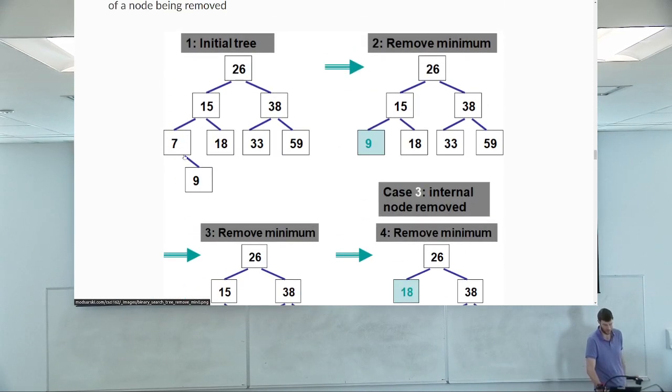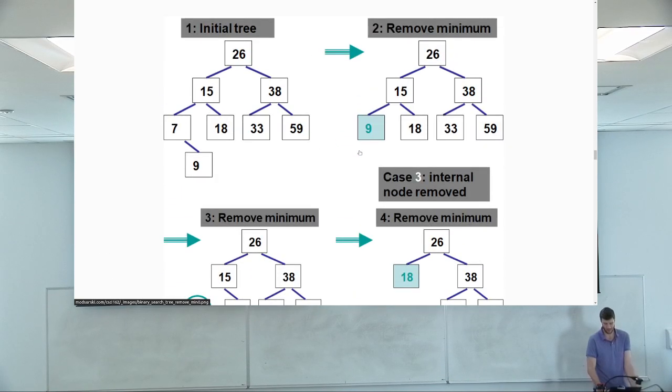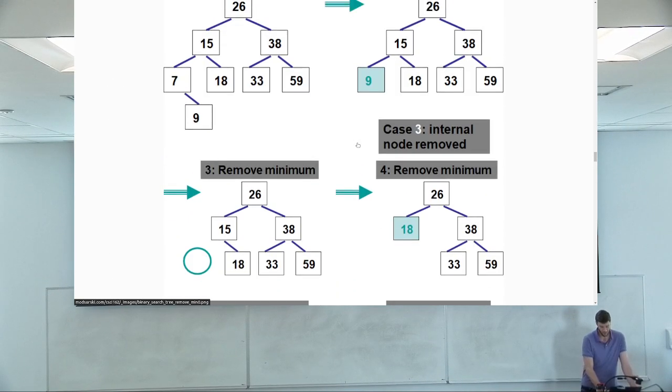If it's an interior node, you remove it and replace it with its right subtree. And then the leaf. Now this might feel a little lame, but if I'm removing 9, I remove it and replace it with its right subtree. But its right subtree is null, so whatever.